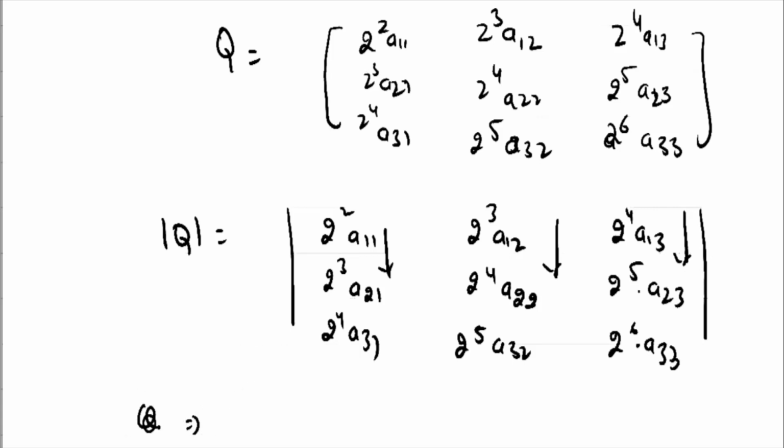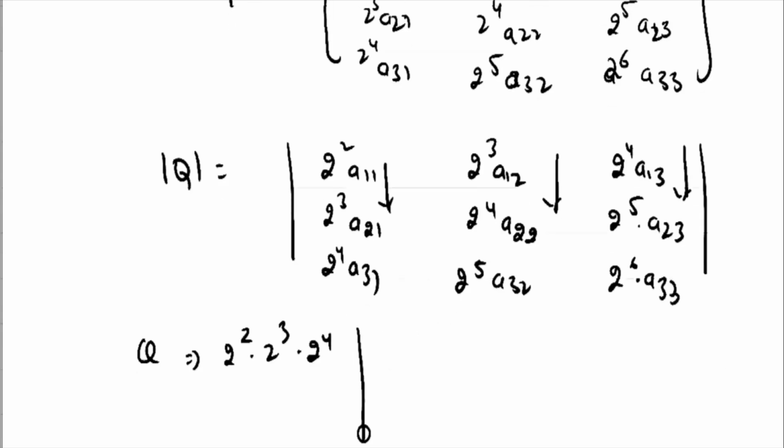So here we have Q is equal to 2 square into 2 cube into 2 raised to power 4, and here we have the remaining A11, A12 and A13. Here we have 2 A21, here we have 2 A22 and here we have 2 A23.